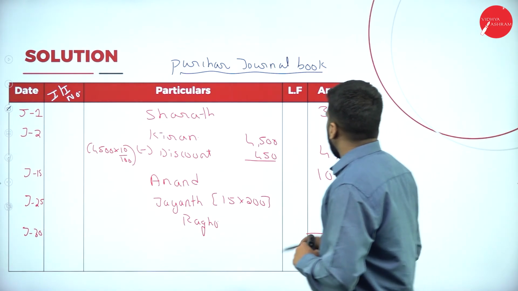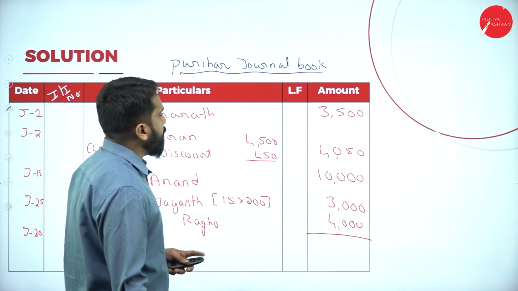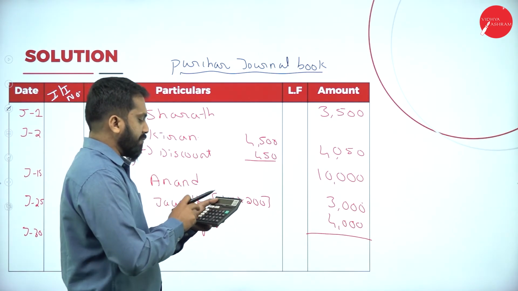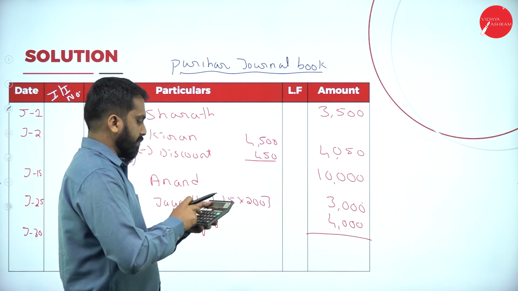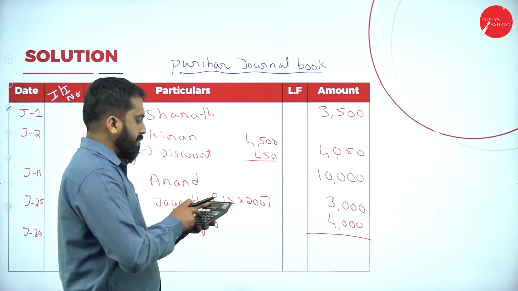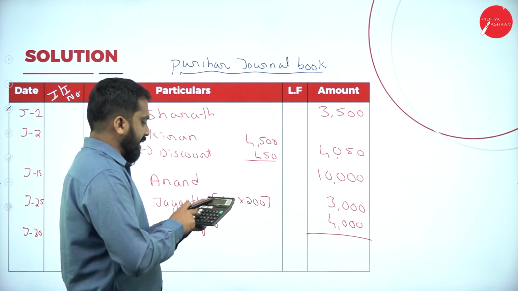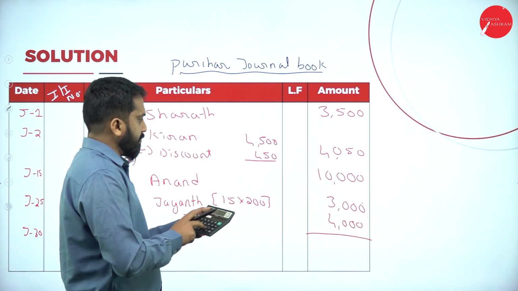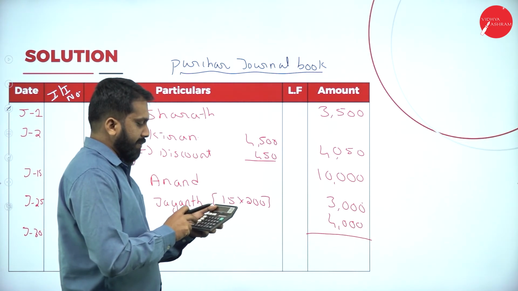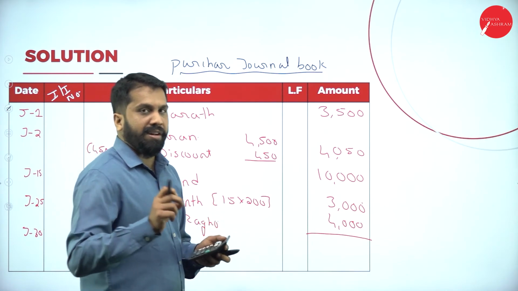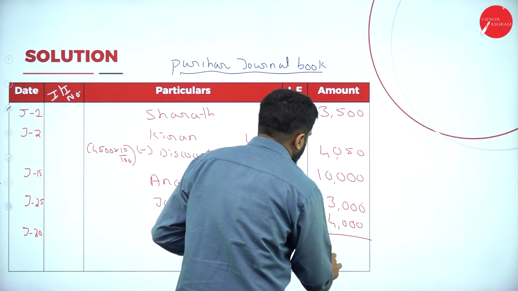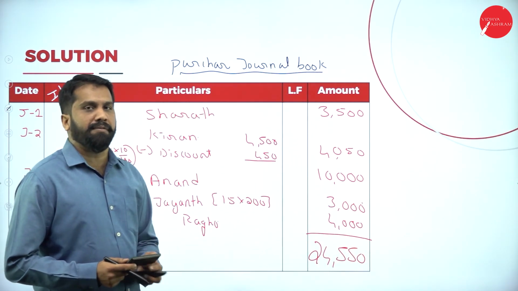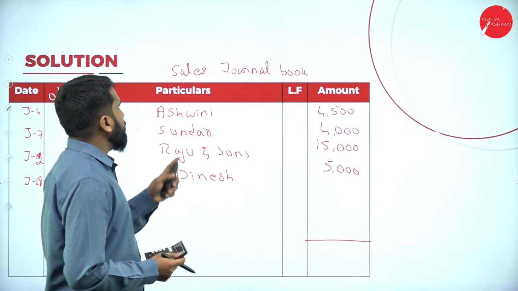Now, we have to close one by one. Now, what is the total we have? So, total of everything, it is 3,500 plus 4,050 plus 10,000 plus 3,000 plus 4,000. You will get 24,550. 24,550 is your answer. What is your sales book?